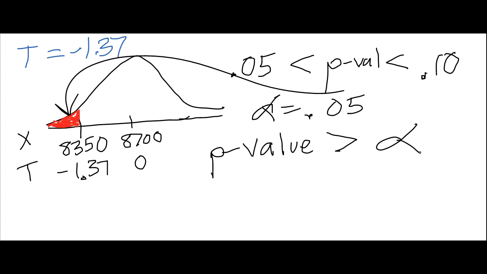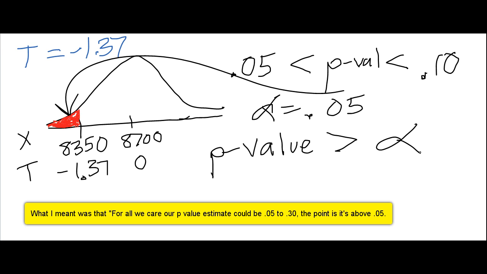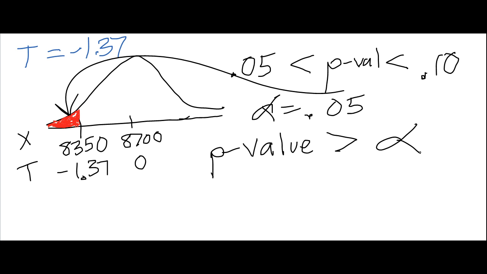It might as well be between 0.05 and 0.30 for all we know. We know it's above 0.05. And because it's above 0.05, and we only reject the null hypothesis if the p-value is less than alpha, that's not the case here. It's greater than alpha. So in this case, we do not reject.